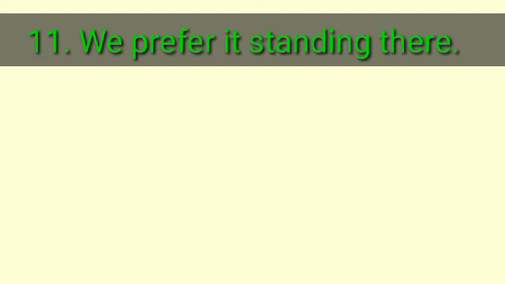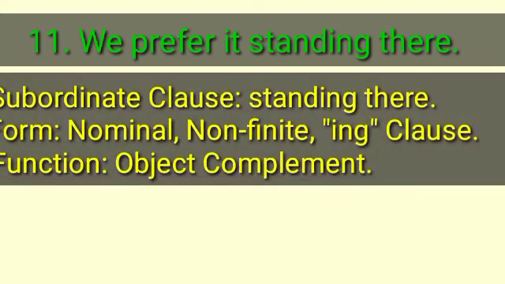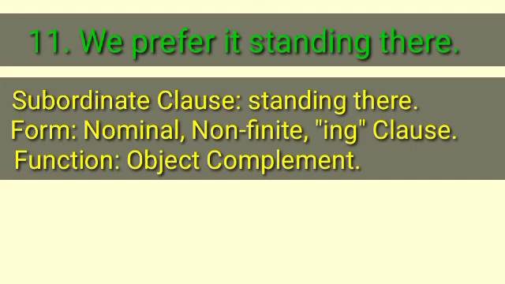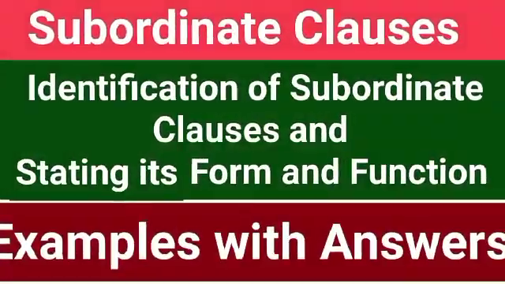In the sentence, we prefer it standing there, the part standing there is the subordinate clause. Its form is, it is a nominal non-finite present participle clause, or you can call it nominal non-finite ing clause, and its function is that of the object complement. Hope you've understood these examples.